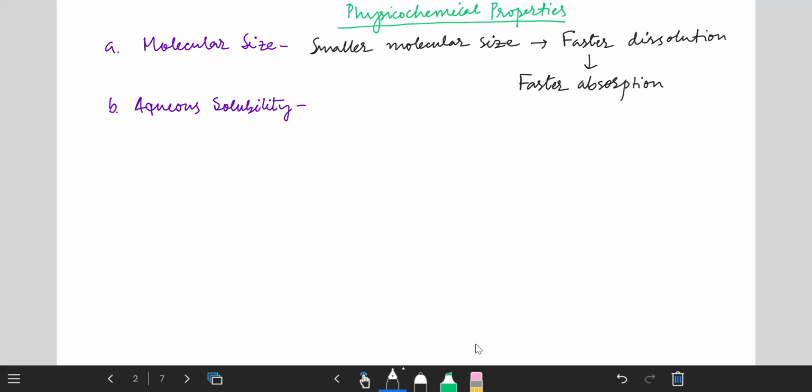So compounds with poor aqueous solubility show poor absorption, so obviously less bioavailability.